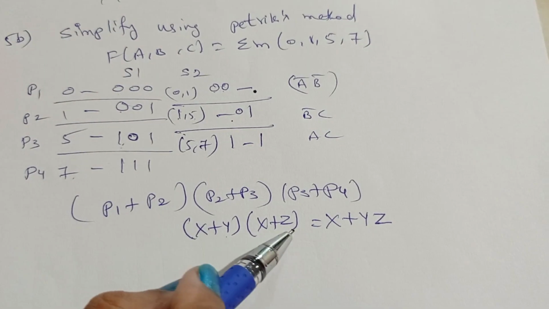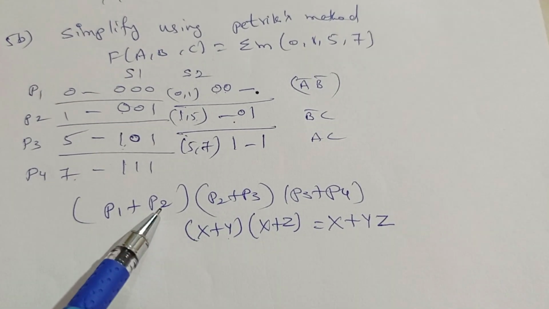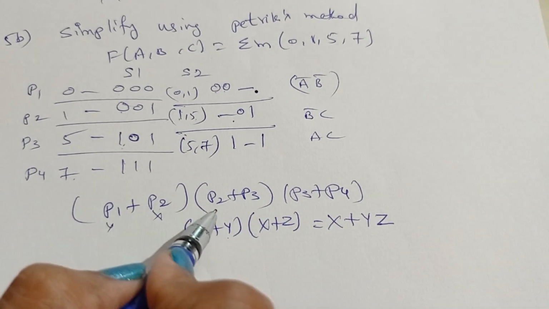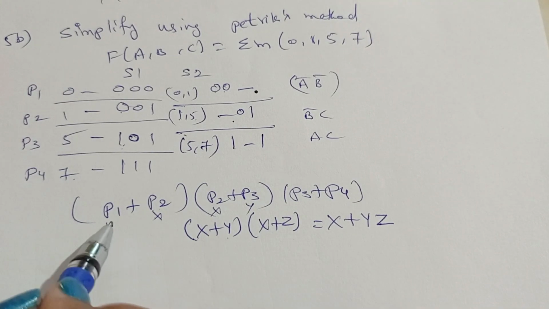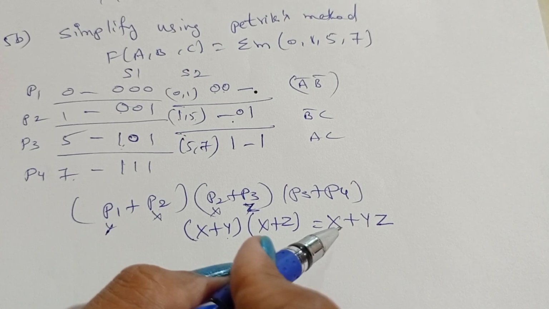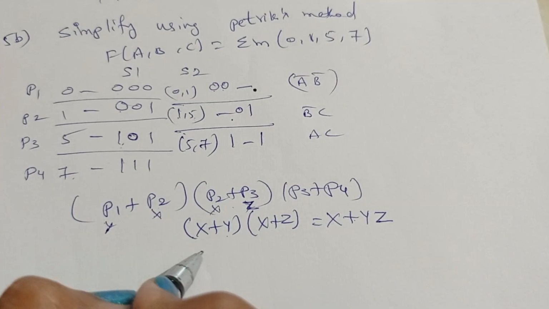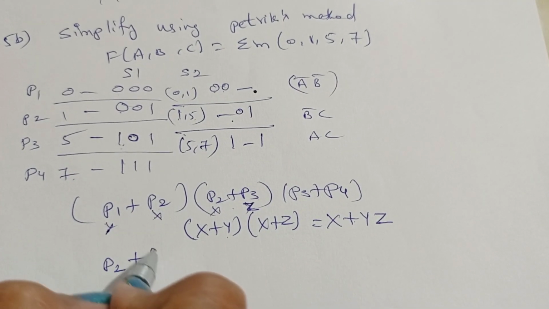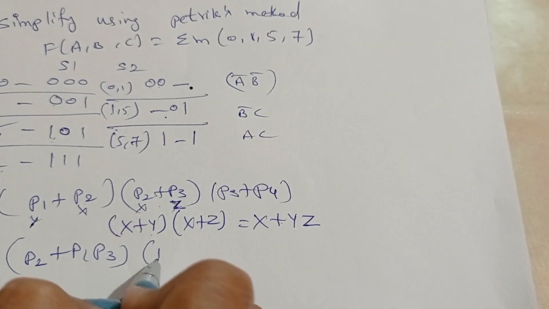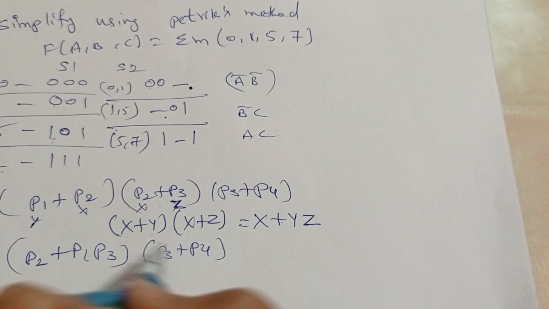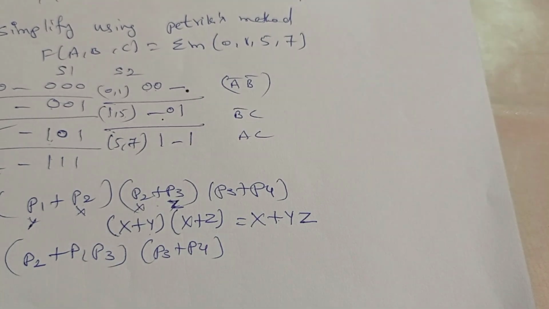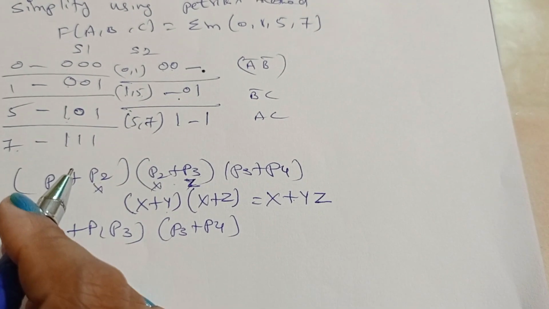Considering P2 as x, it becomes x plus yz, that is P2 plus P1 P3, and here P3 plus P4. This is the final.